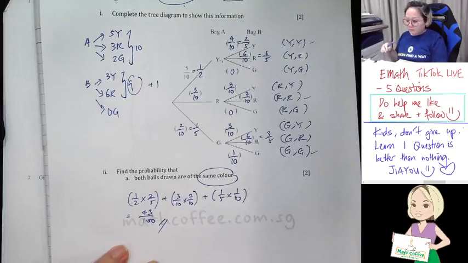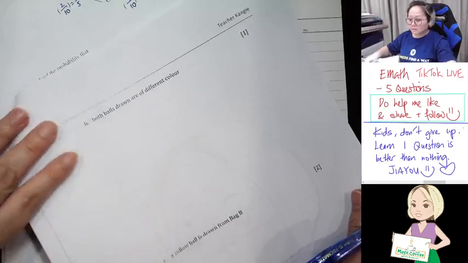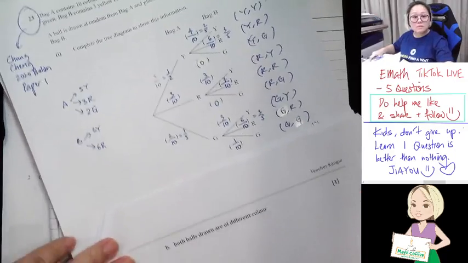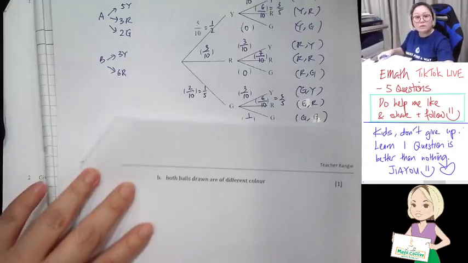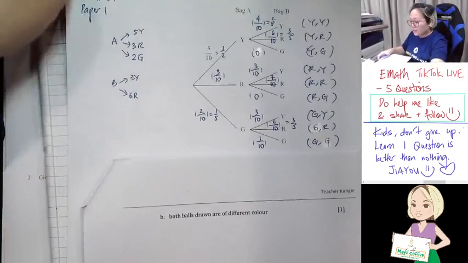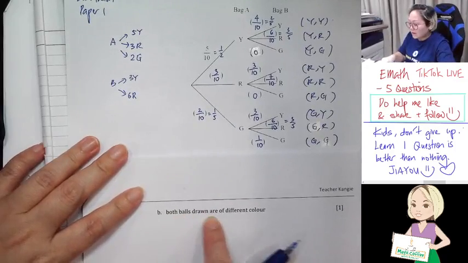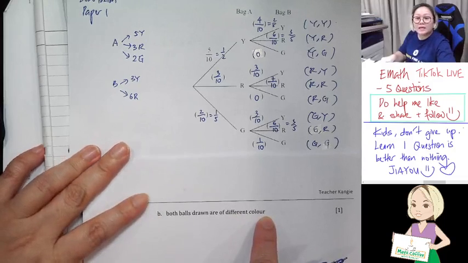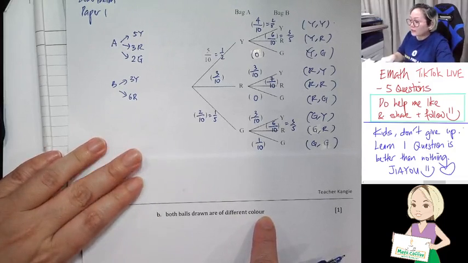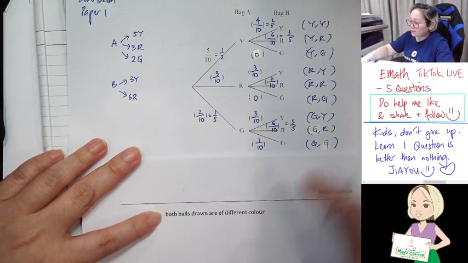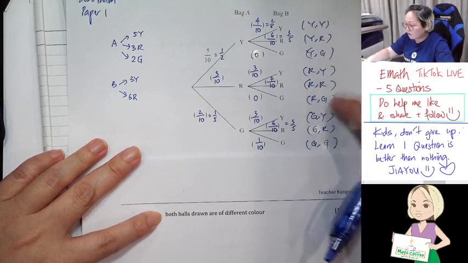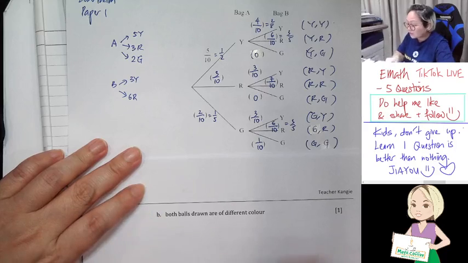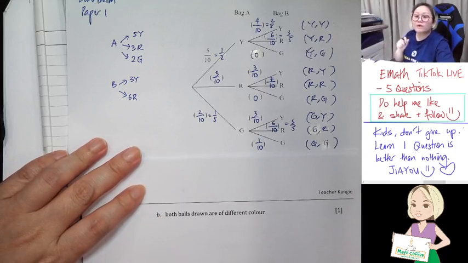Okay, so next. Then they ask for, see here, both balls are of different color. Okay, kids, don't panic. Maybe you are thinking, oh my god, this one got so many events. Different color, I got 1, 2, 3, 4, 5, 6. Then I'm going to write out six of them, is it? No, you don't have to. Why?